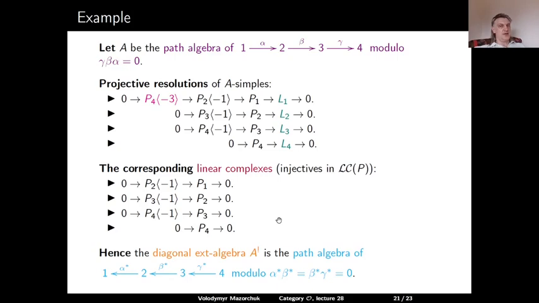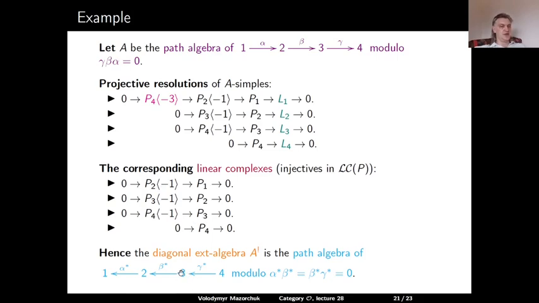We know that A shriek has a dual quiver, so we have 1, 2, 3, and 4, with arrows alpha dual from 2 to 1, beta dual from 3 to 2, and gamma dual from 4 to 3. And here are the injectives. The injective in 1 has only 1 and 2. The injective in 2 has only 2 and 3.